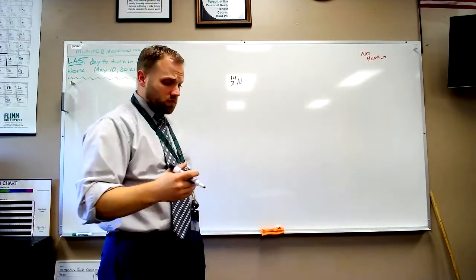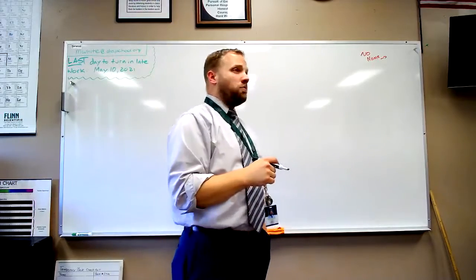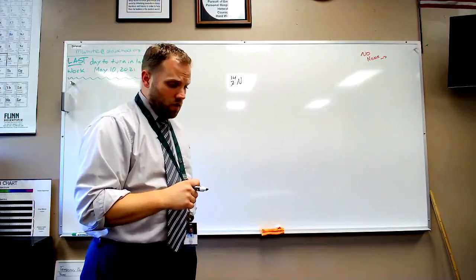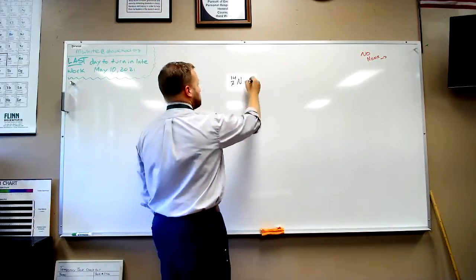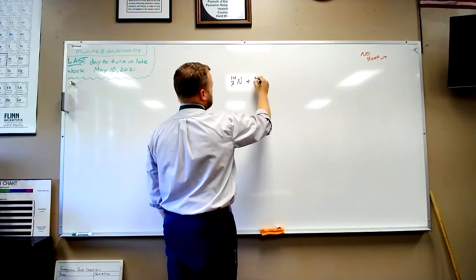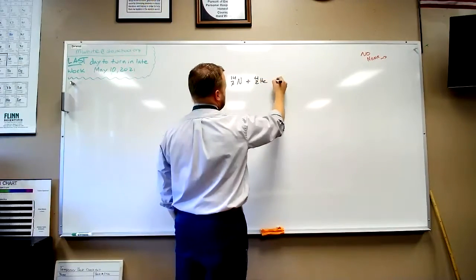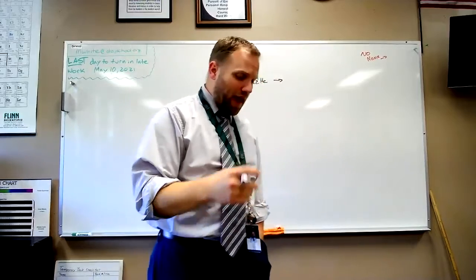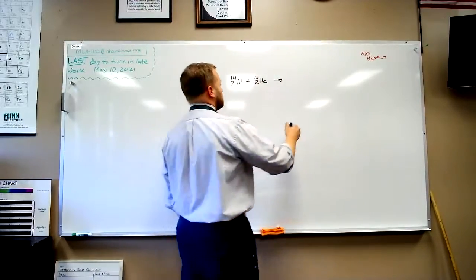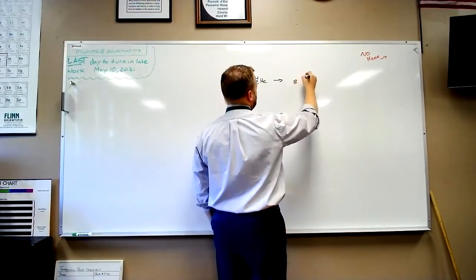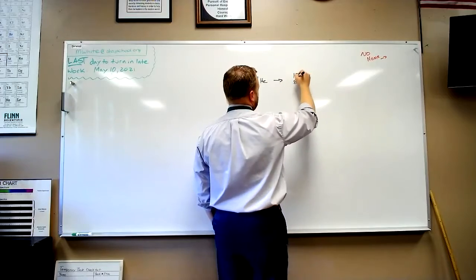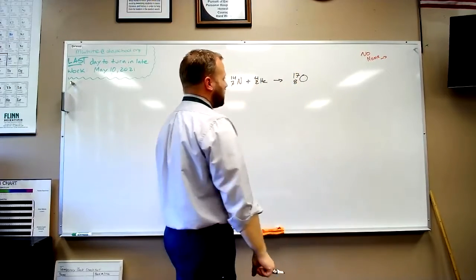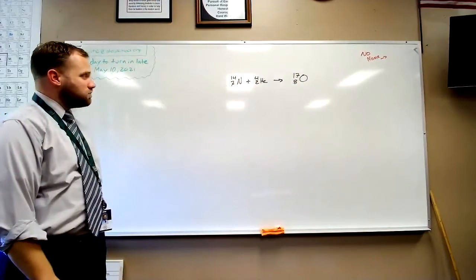And what we're going to do, we're going to fire an alpha particle at it. So we're going to add this alpha particle. And as it turns out, when we do that, what happens is we get oxygen. We get oxygen 17.